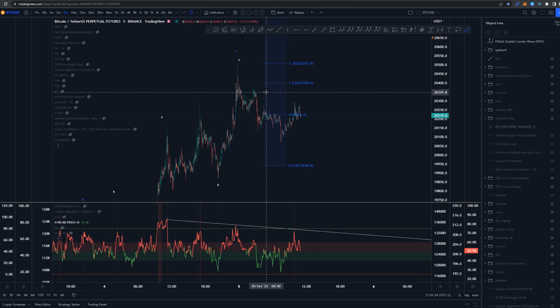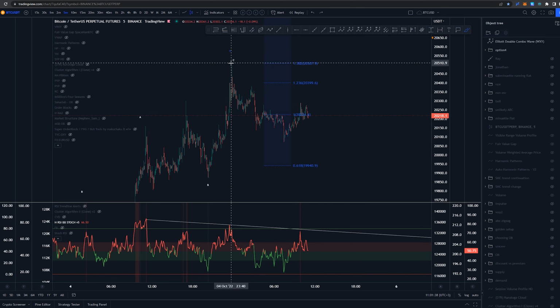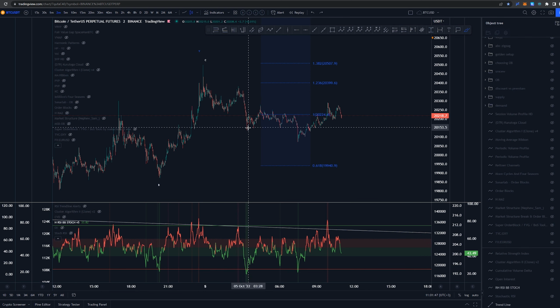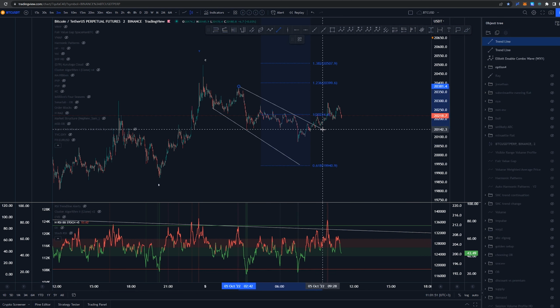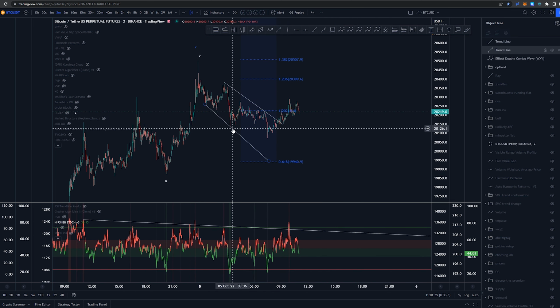I'm not quite sure. This definitely feels like a good 3-wave structure as well, but how does this fit into here? I don't think we have this as a 5-wave structure at all. We do have some kind of divergence on 2 minutes comparing these two lows, but then we would have to have something like this, and it does not really look too good.